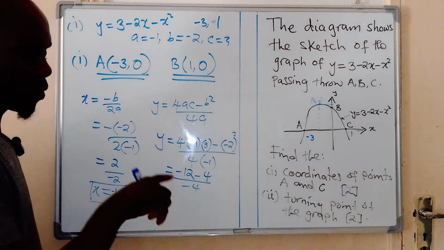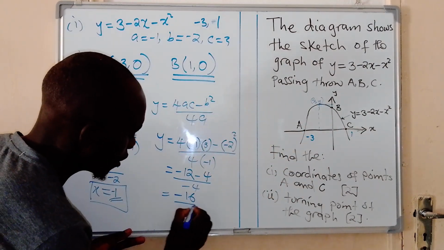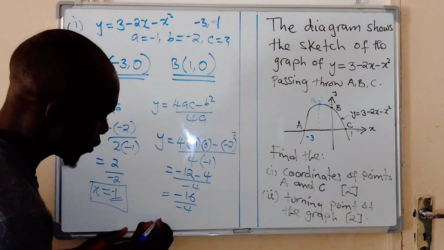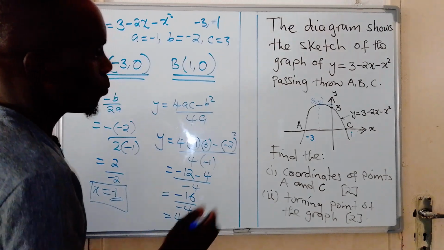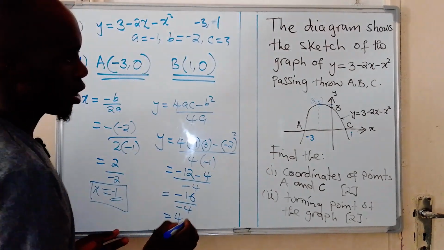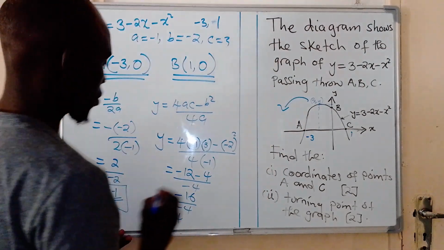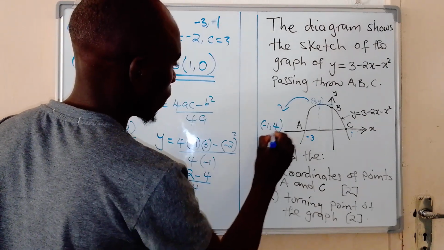Negative 12, negative 4, same direction, negative 16 over negative 4. Dividing the two, you get positive 4. So the coordinates of the turning point for this one should be, starting with x, negative 1, 4.